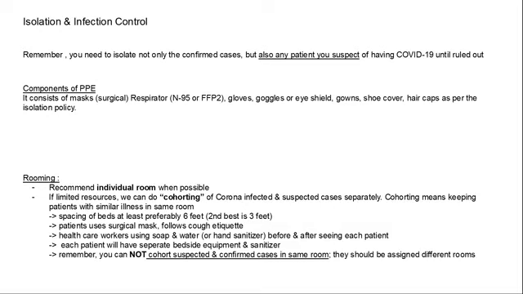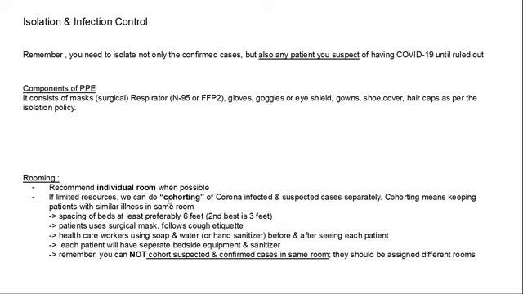That's very important. Now let's talk about PPE, or personal protective equipment. It consists of mask, gloves, goggles, eye shield, gowns, shoe cover, and hair caps. Rooming is very important. We prefer an individual room for each patient. But if you have a lot of patients and don't have enough rooms, then you can do cohorting, which means keeping similar patients together.